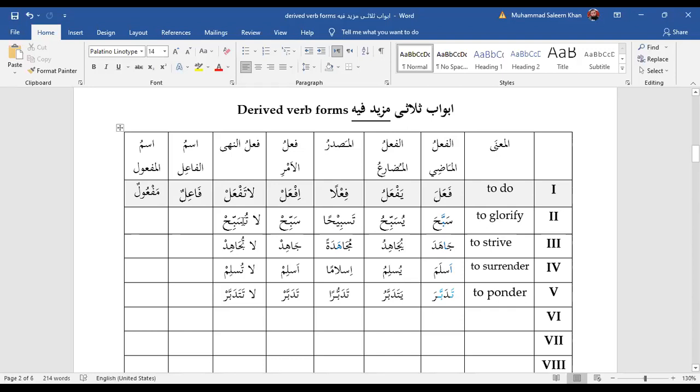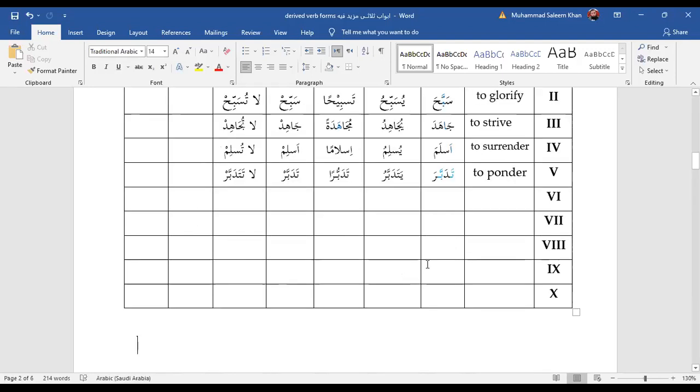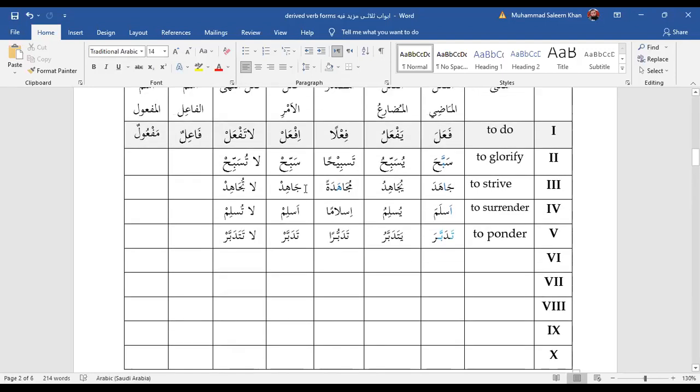So before we move on to the rest of the forms, today inshallah let's see how to make ismul fa'il from the verb form number 2, which is fa'ala yufa'ilu taf'ilan, and if fi'l al-amr is sabbih, which is sabbaha yusabbihu tasbihan, sabbih and la tusabbih. So fa'il.